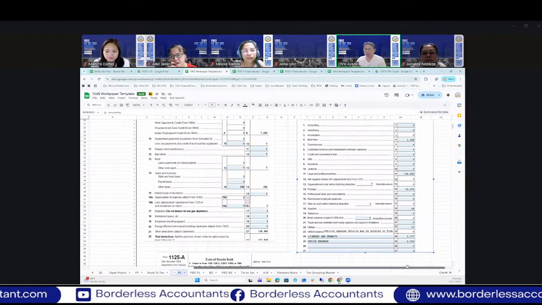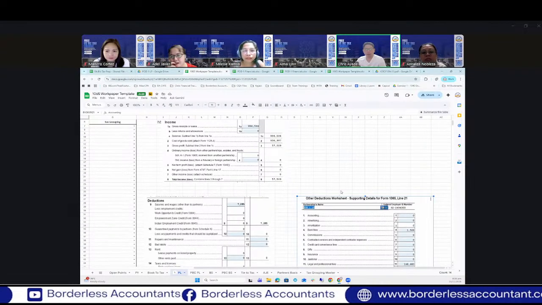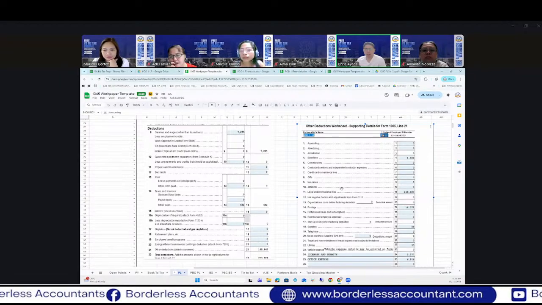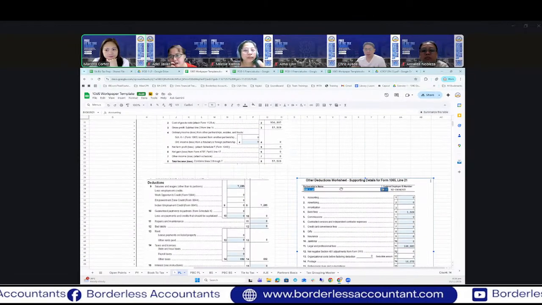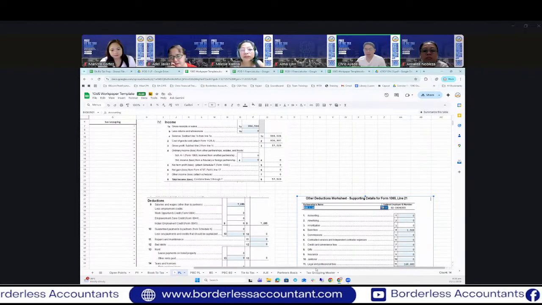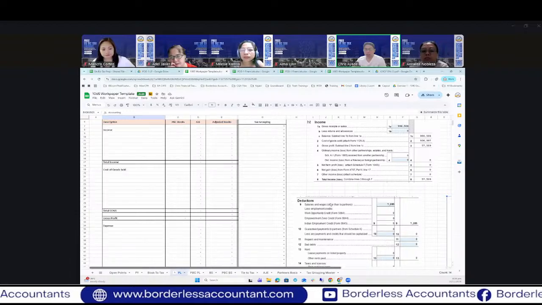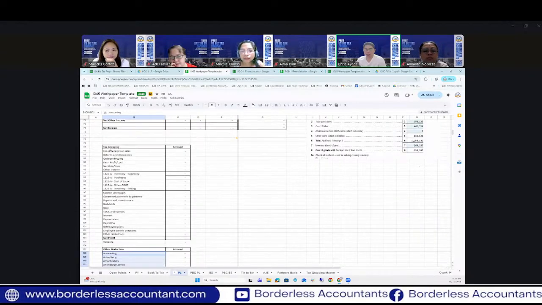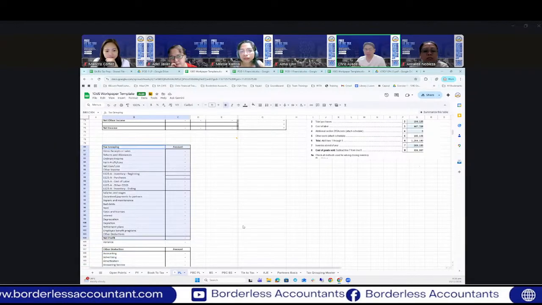Is this Lacerte? No, this is not Lacerte. This is TaxAct pala. So your other deductions, i-align nyo na lang kung ano ang nasa ProConnect. But this portion here should be the same as in the tax return.